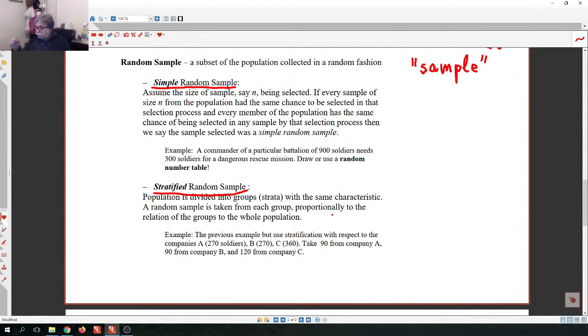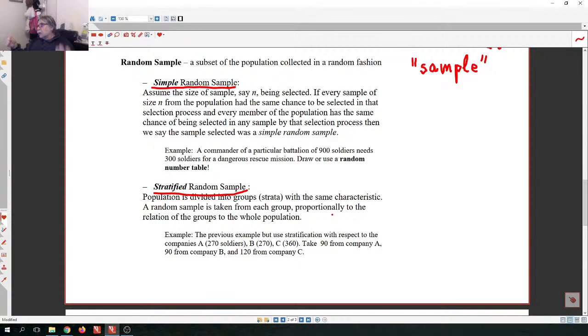What does that mean? It means that before I collect anything, I'm going to divide the population into strata. That is layers. I will divide the population into strata, and then I'm going to take proportionally from each stratum.